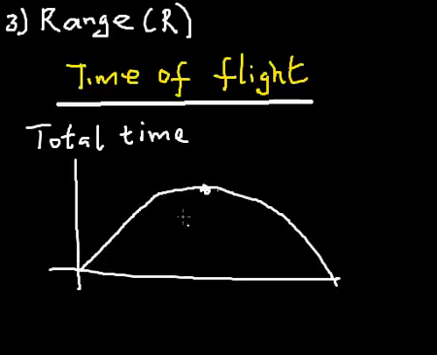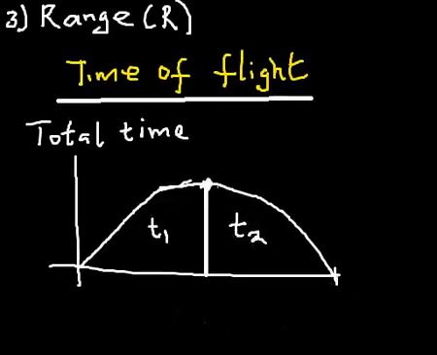This time is divided into two parts. One part is the time it takes the projectile to reach its maximum height. Let me call it T1. The other is the time it takes the projectile from its maximum height to come to the ground level.